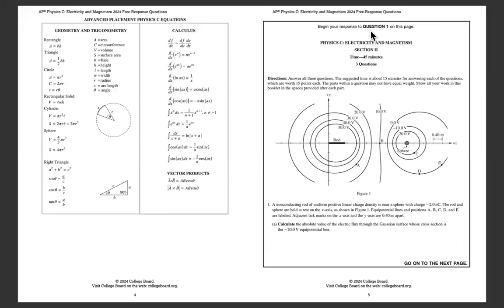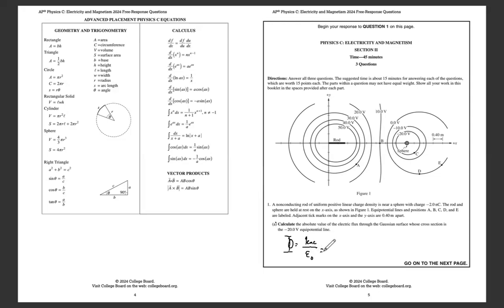Calculate the absolute value of the flux through the Gaussian surface whose cross section is the negative 20 volts equipotential line. That's going to be fun, because flux is just equal to Q enclosed over epsilon naught.